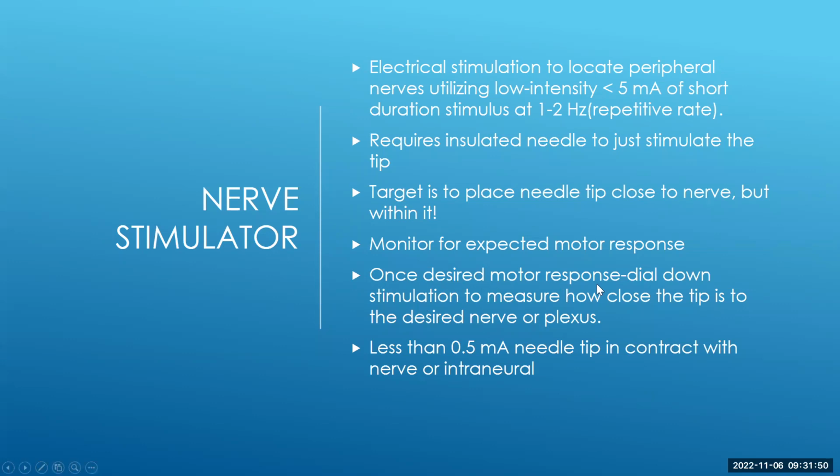Once you get the desired motor response, you dial down the stimulation. So again, we're at 1.0 and we dial down: 0.7, 0.6, 0.5. If we're less than 0.5, the needle tip is probably in contact with the nerve or intraneural. If we get below 0.2 mA, for example, we would want to back the needle up a little bit because we're probably intraneural.